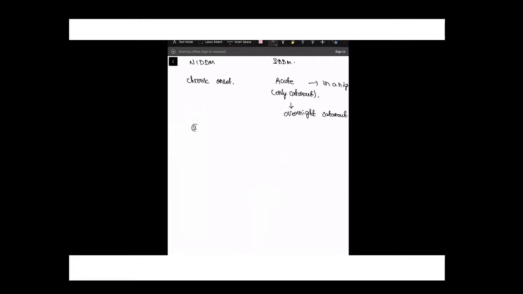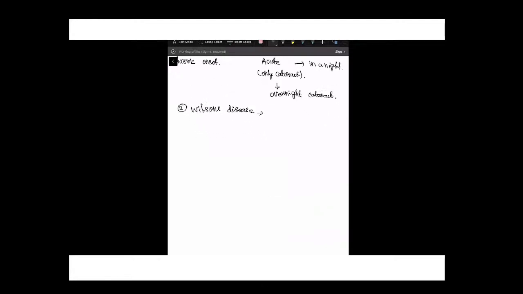And then we have Wilson's disease. Can anyone tell me, in Wilson's disease, what type of cataract we can get? Sunflower cataract. Yes, very good. What's the plasma protein that is deficient in Wilson's disease?